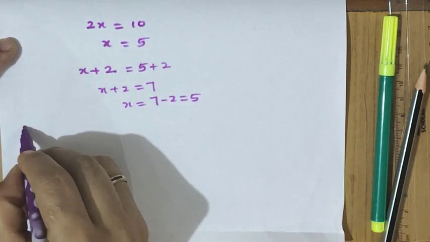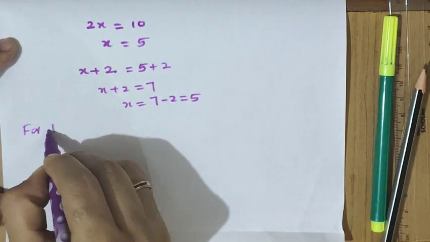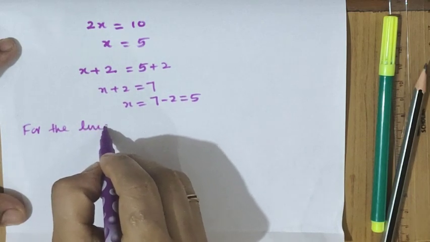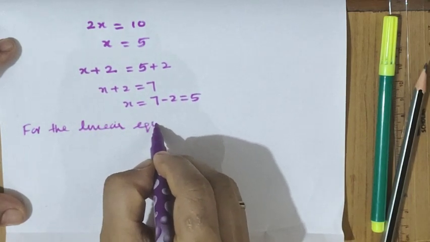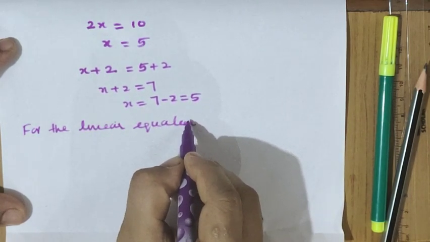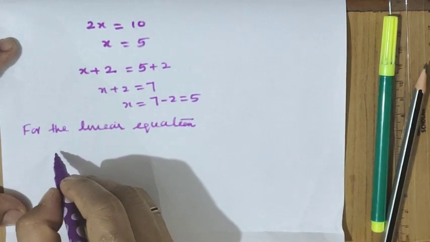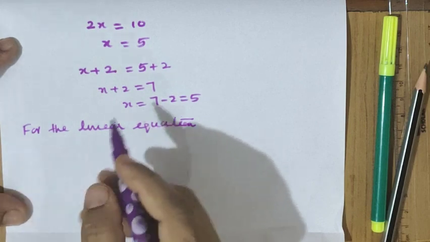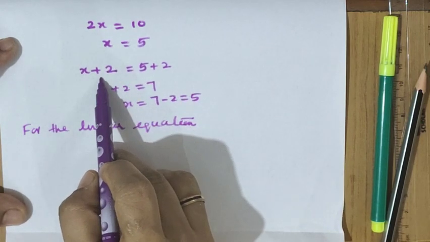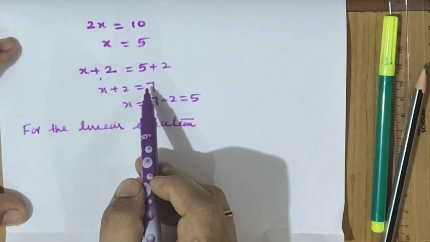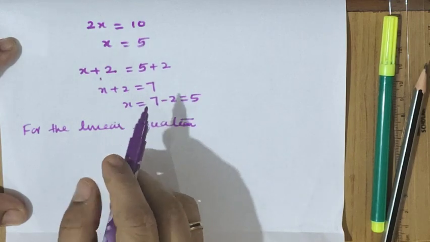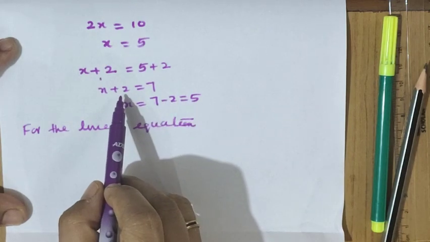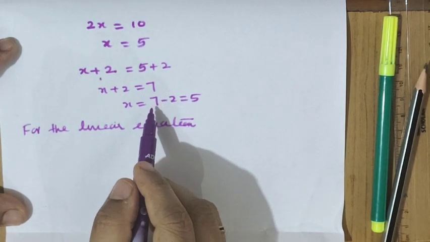So for the linear equation, the solution will not be affected when you add something to the equation or subtract something from the equation. Similarly, when you multiply or divide the equation by something.